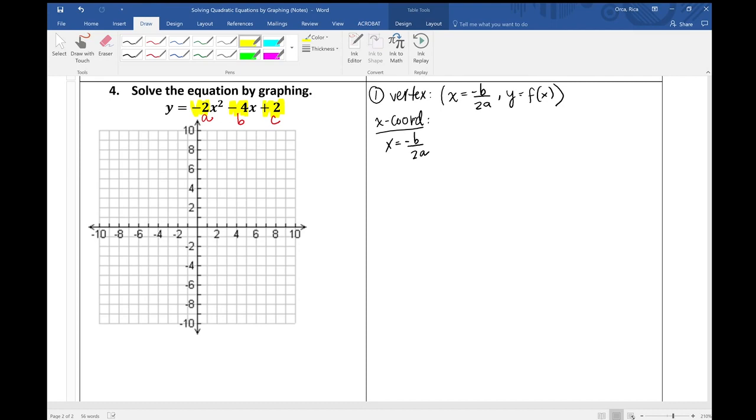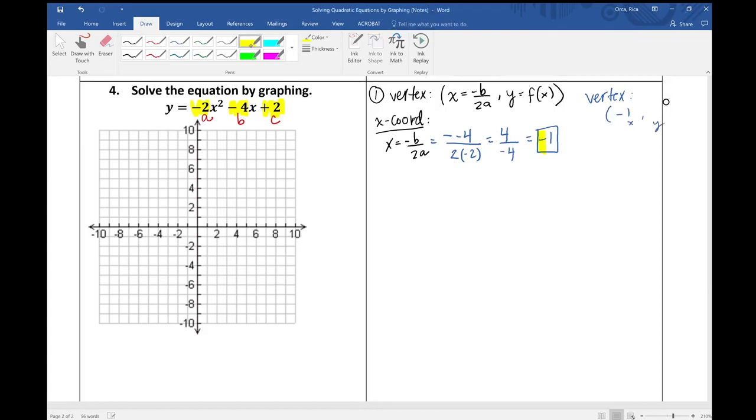Let's take what we have and plug it into our formula. So negative negative 4 divided by 2 times negative 2. Negative negative 4 is positive 4, and 2 times negative 2 is negative 4. 4 divided by negative 4 is negative 1. The x-coordinate of our vertex is negative 1.